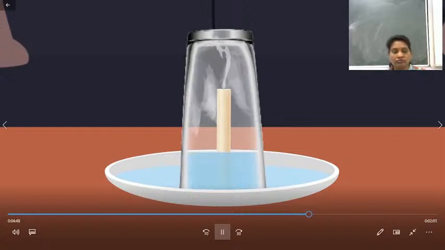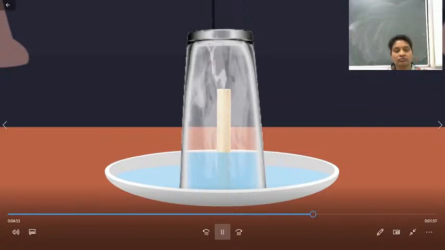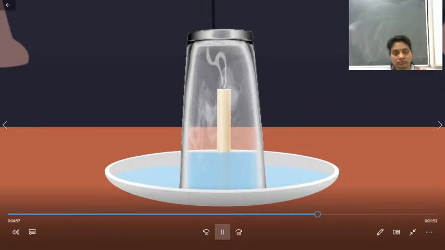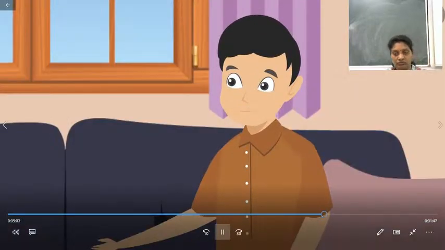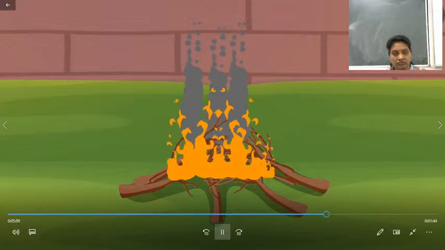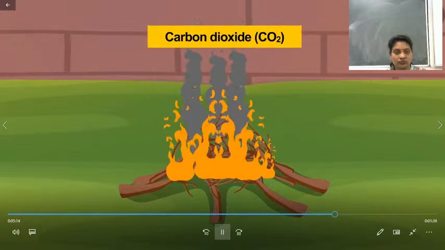It means that the space created by the burning of oxygen was taken up by water. And see, fumes have also filled the glass. It is probably a mixture of carbon dioxide and toxic gases. What an interesting experiment it was. Have you seen that whenever we burn wood, it gives black fumes? That fume is a mixture of many gases, of which CO2 is the main component.